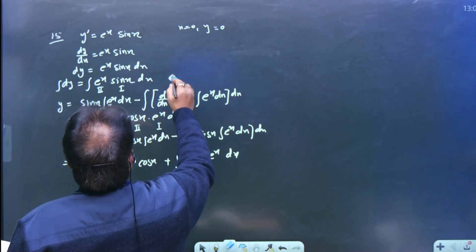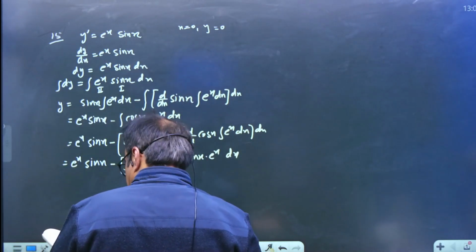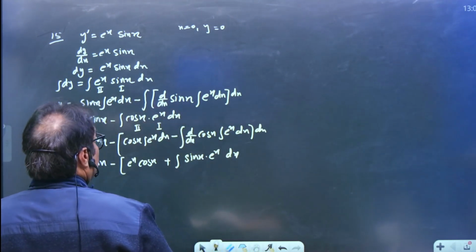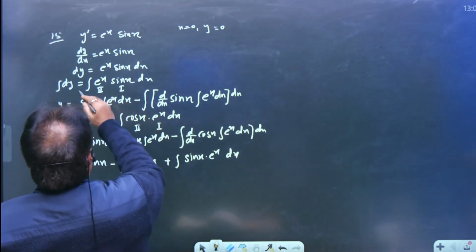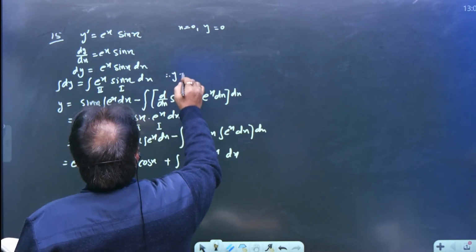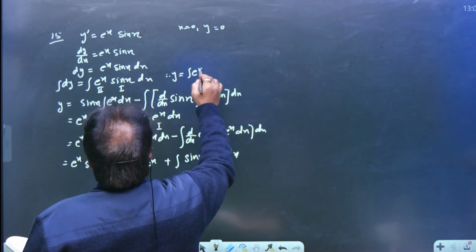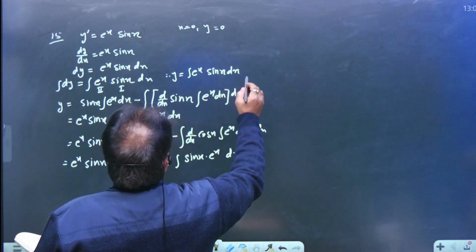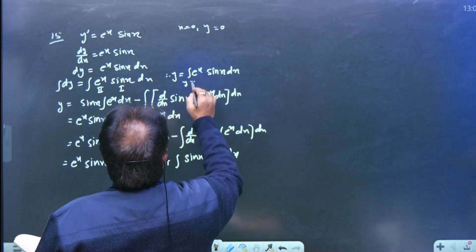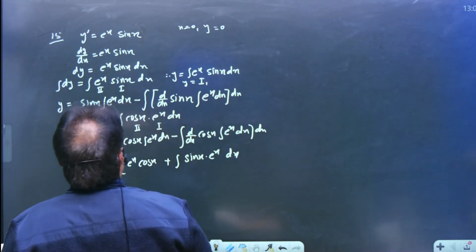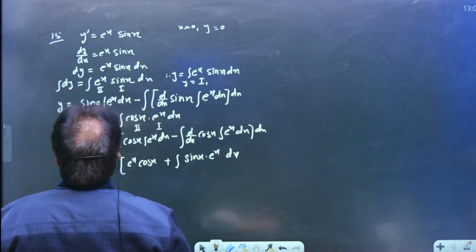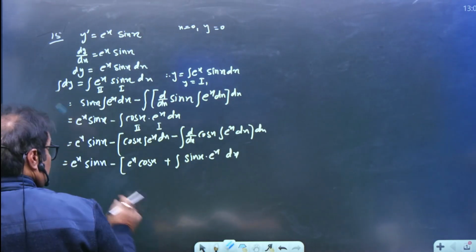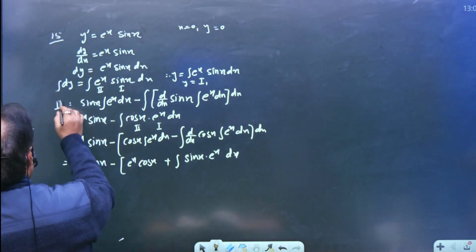So we can write y is equal to integration of e to the power x sine x dx, and let us put y is equal to I1. Okay, y is equal to I1. So we will write here, this is I1. I1 is equal to this much.